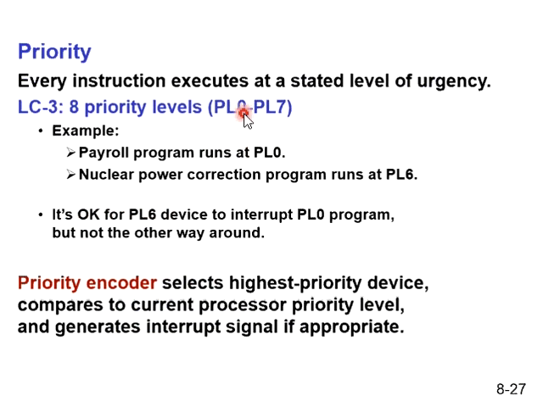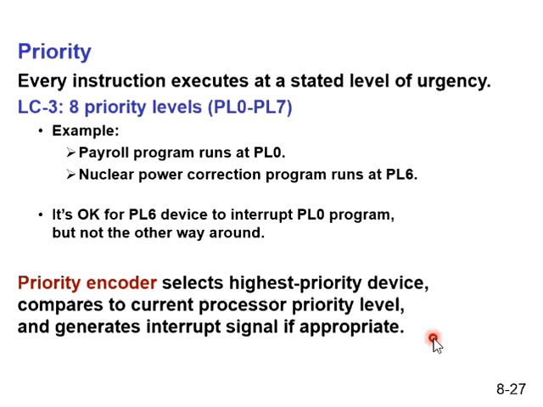Priority level 0 is lower than level 1, and level 7 is the highest. The priority encoder selects the highest priority device, compares it to the current processor priority level, and generates an interrupt signal if appropriate.